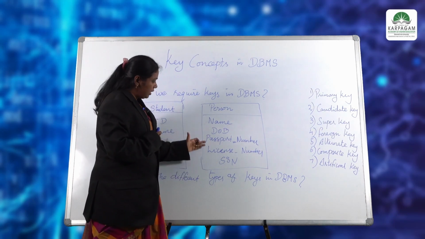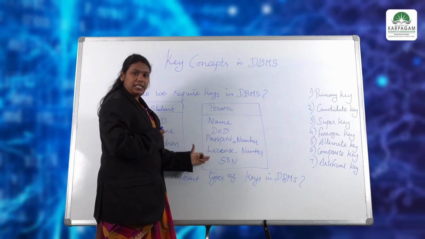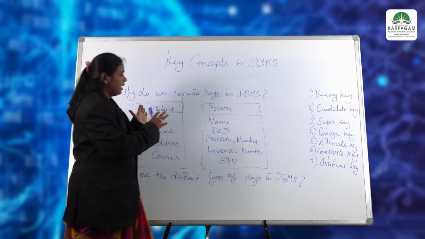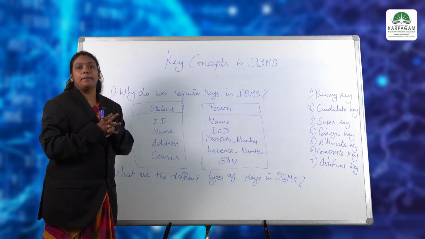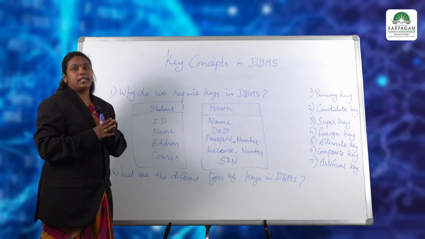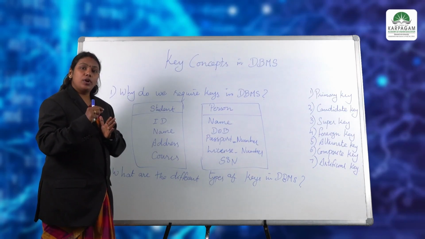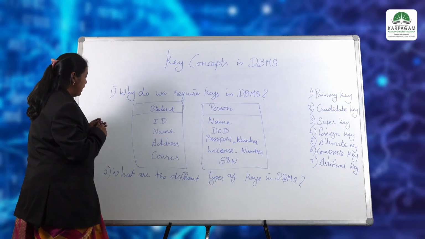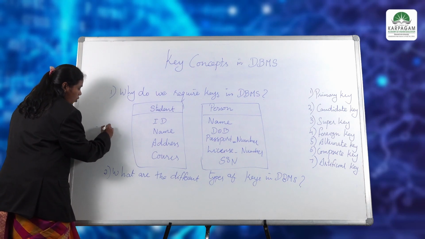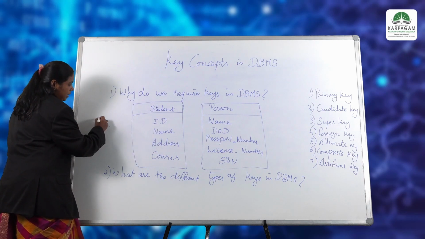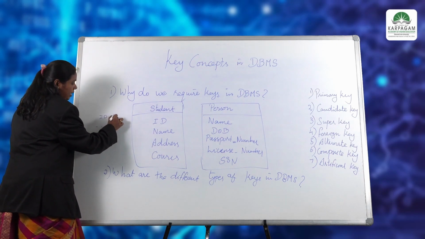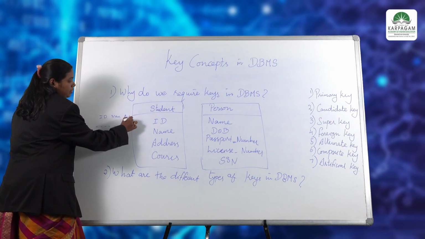The fields are arranged in the table column-wise, and the data are stored row-wise, with fields such as ID, name, address and so on.